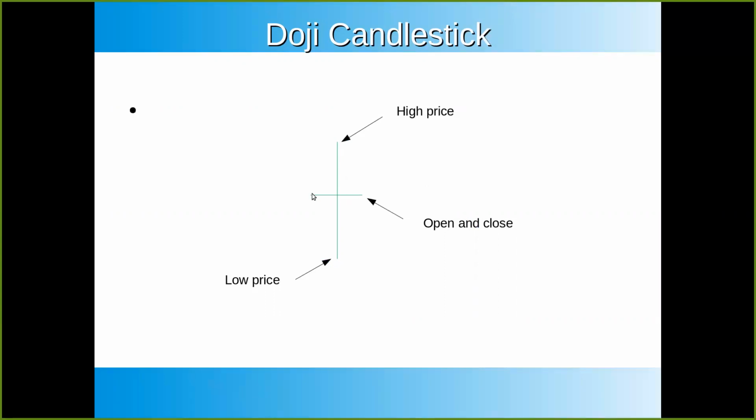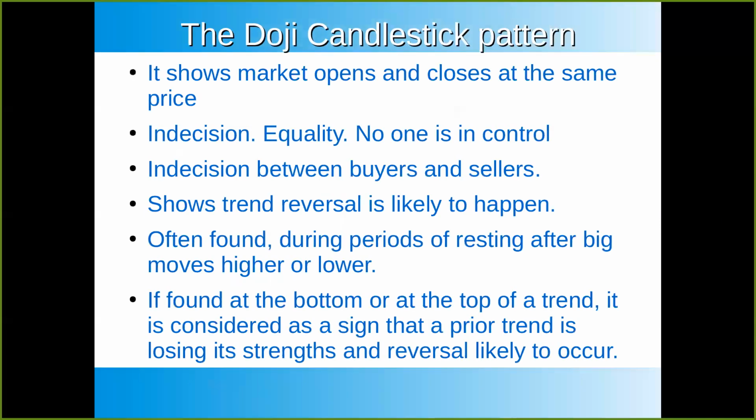As you can see, it's like a cross. The open and the close are joined together, so there's no difference between the open and the close. Now, it is very important for you to understand the psychology of this candlestick formation.